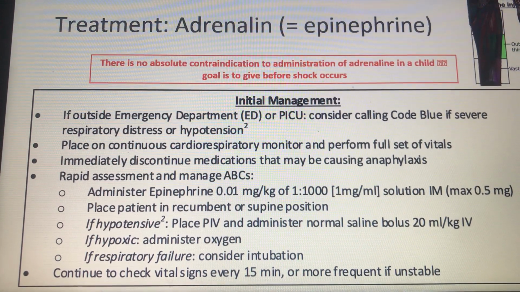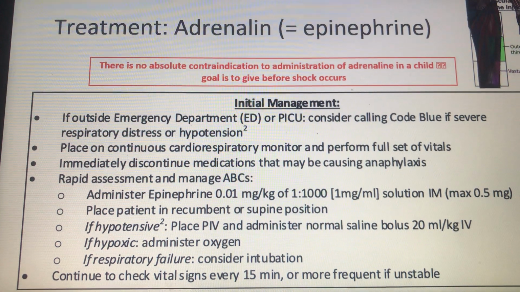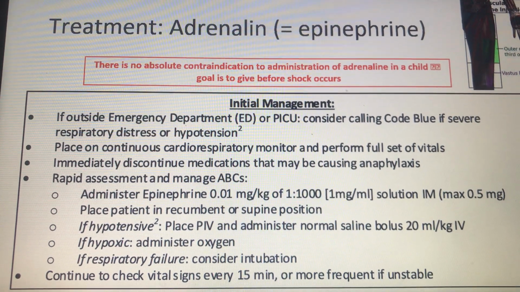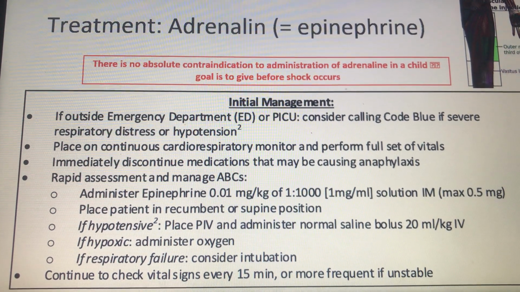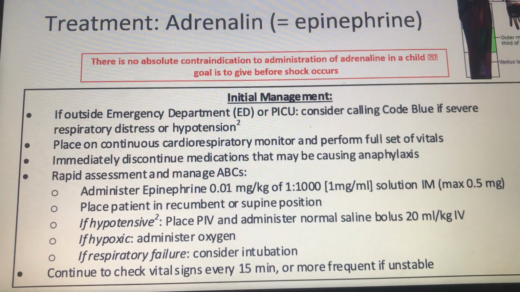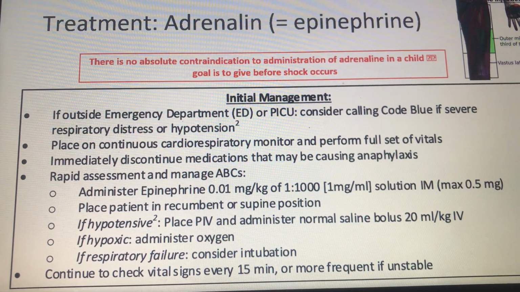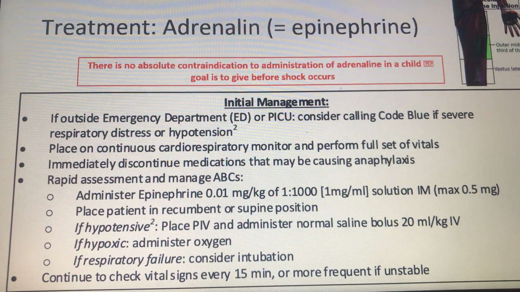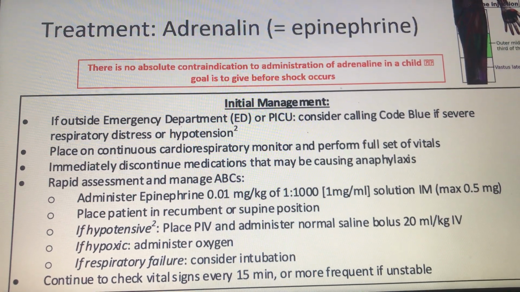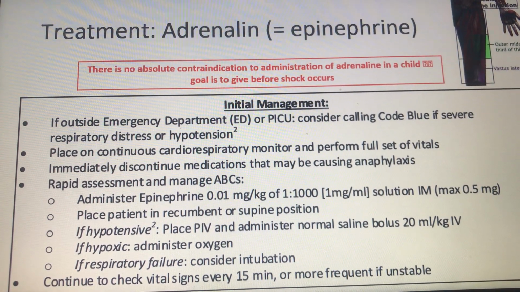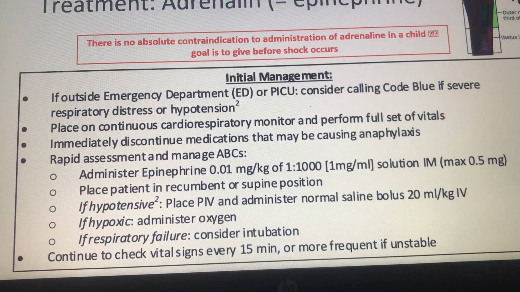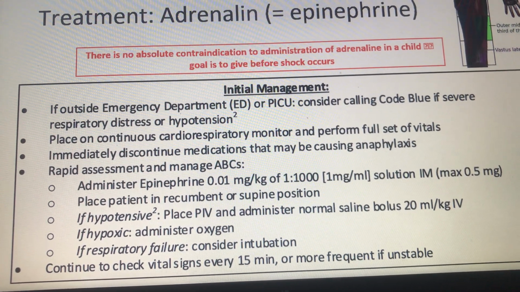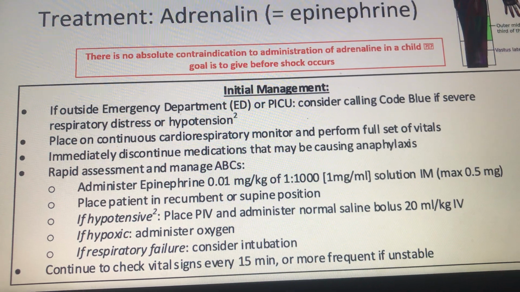Call for help, put the patient on a continuous cardiorespiratory monitor, and set up IV access and vitals. Immediately, if you are giving any medication, you have to stop. Then remember to approach as ABC.